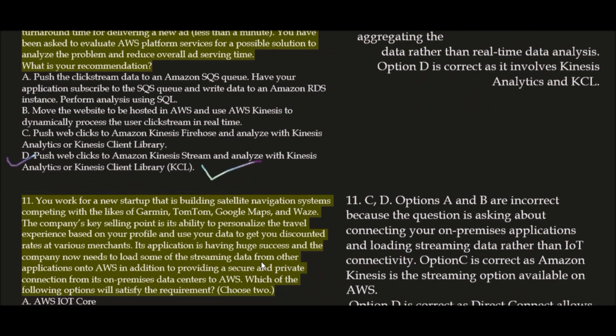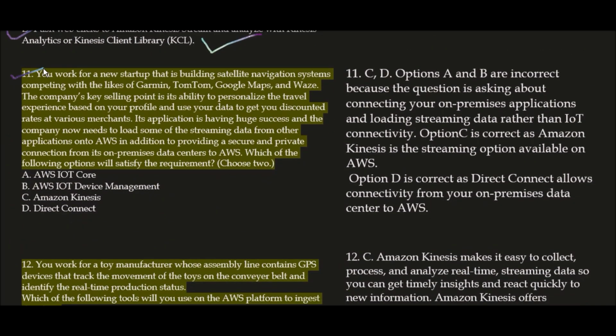Okay guys, next question. You work for a new startup that is building satellite navigation schemes competing with the likes of Garmin, TomTom, Google Maps and Waze. The company's key selling point is its ability to personalize the travel experience based on your profile and use your data to get you discounted rates at various merchants.